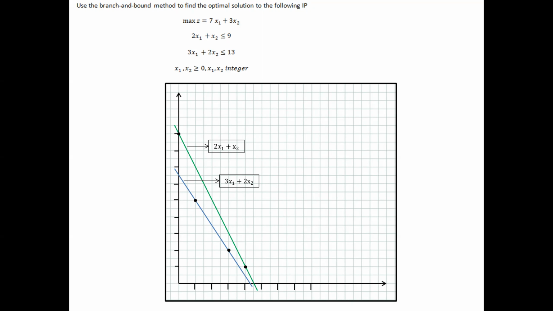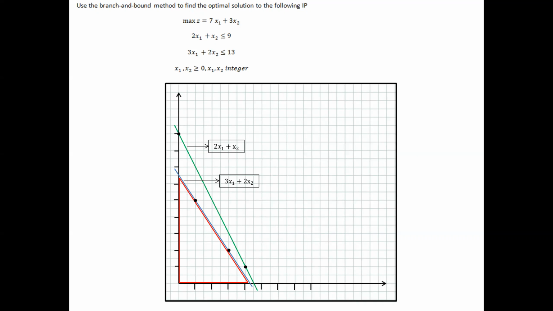As you can see, the first constraint, the one in green, is above the other constraint, so it's basically not making an impact in defining our feasible region. The feasible region is the area that satisfies both constraints, the triangle in red.